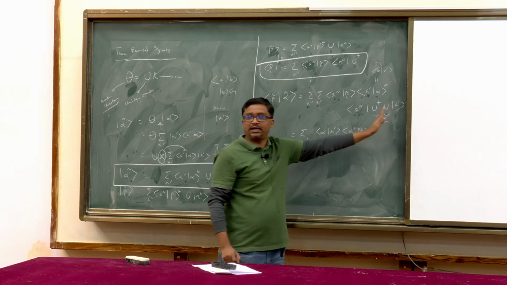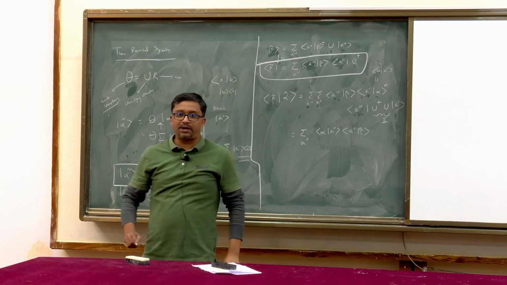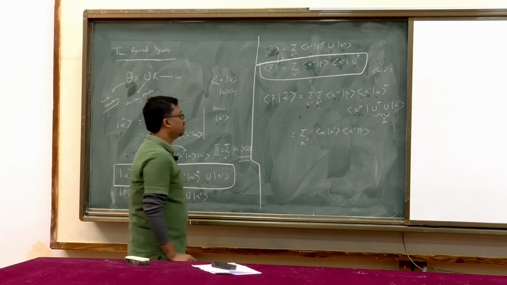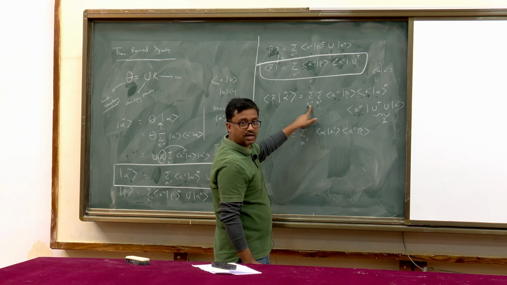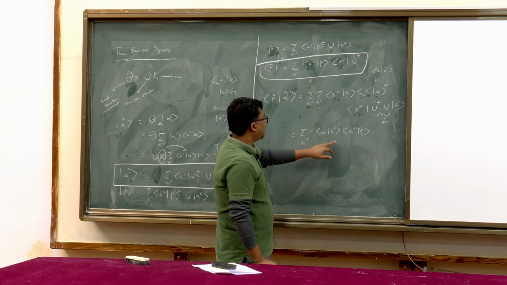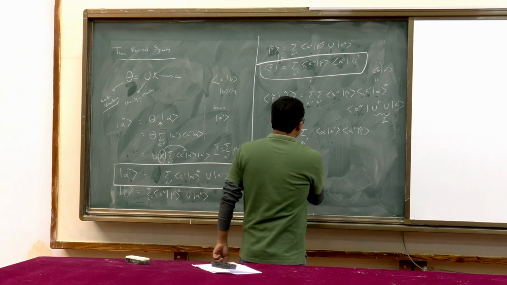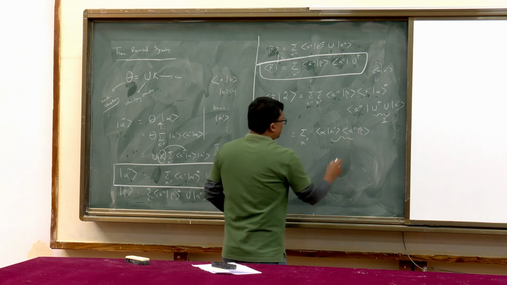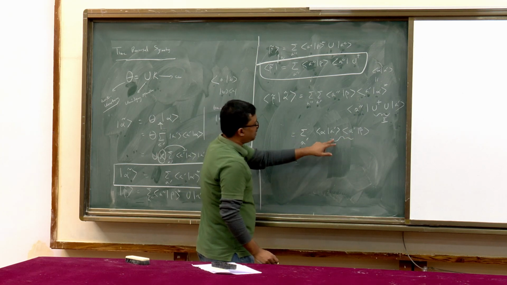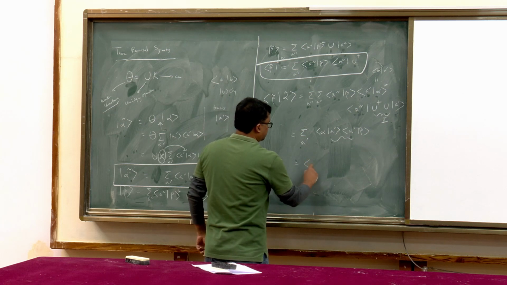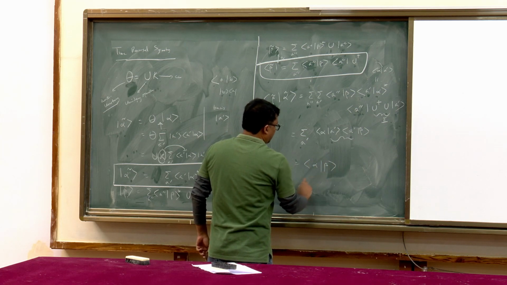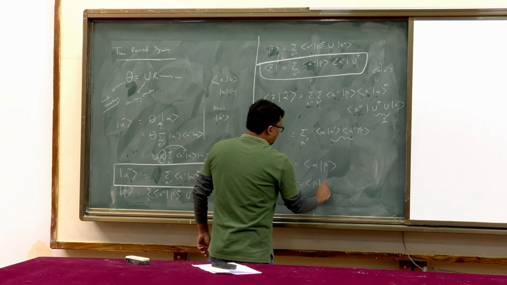Another way of writing it is delta A double prime A prime. Now again, sum over A prime, A prime A prime is an identity operator. So this is equal to alpha beta, which is equal to beta alpha star.